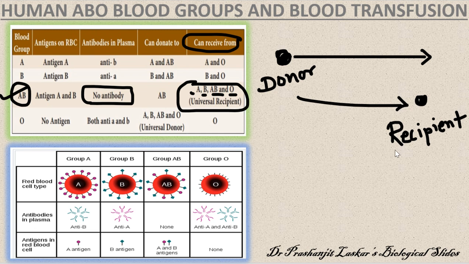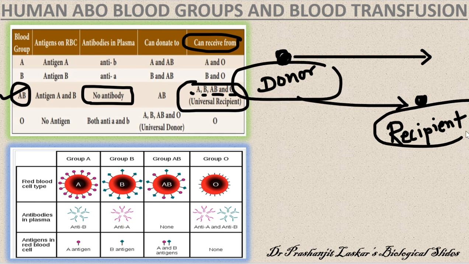For blood transfusion, the blood groups of donor and recipient need to be the same or should match. They should be compatible.